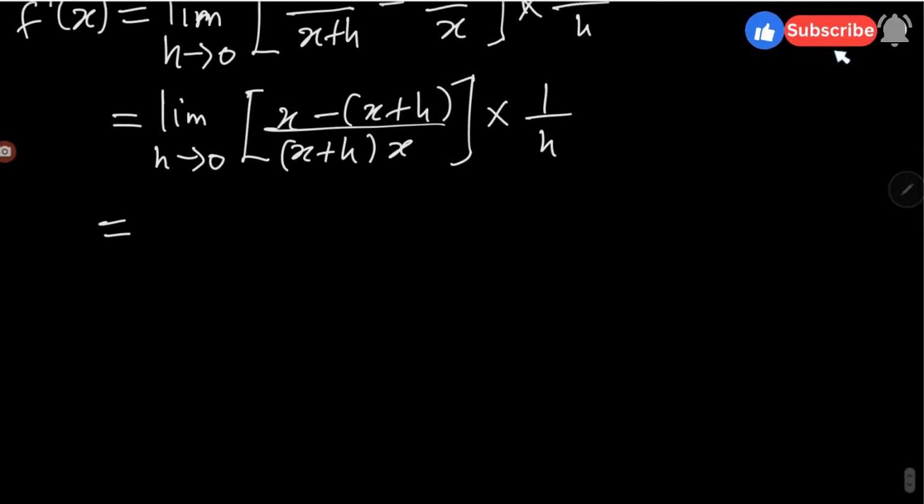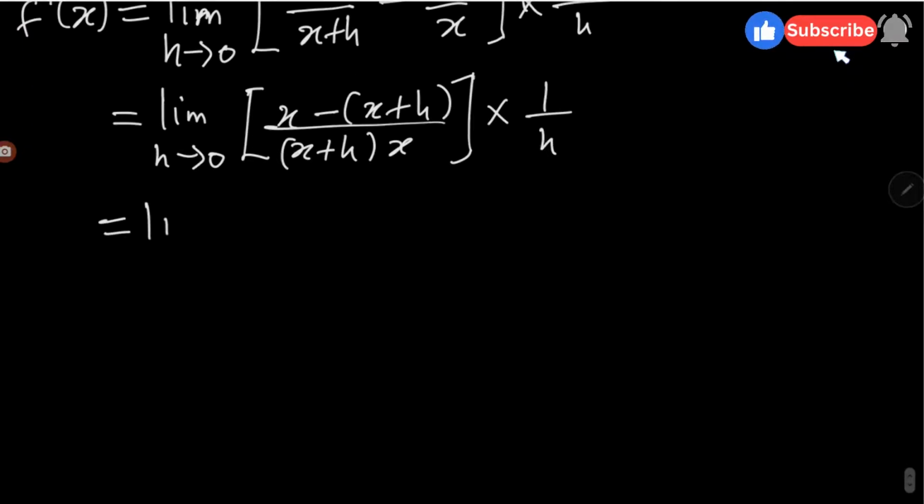So we have x plus h, and then we'll close and multiply by 1 over h. So this will be equal to the limit as h tends to 0 of, so when we simplify, x minus x will be 0, then we'll have minus h, so on top we'll have minus h. This will be over x plus h times x, and this will be multiplied by 1 over h.